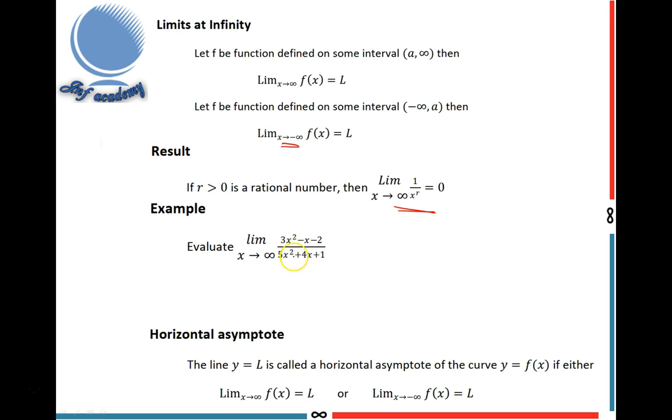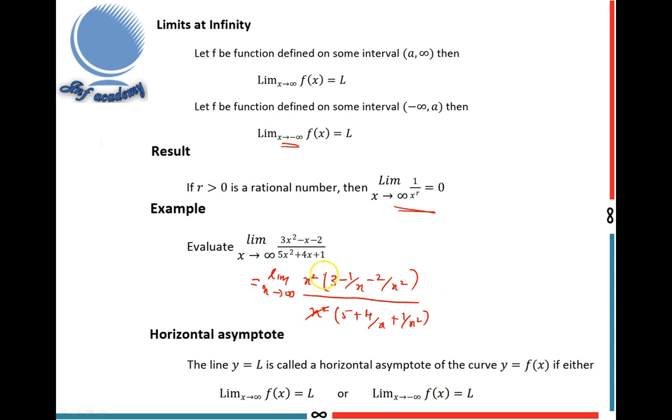So the limit becomes limit as x tends to infinity; here x square is the highest power, so I take x square outside: x square times (3 minus 1 by x minus 2 by x square) divided by, here also the highest power is x square, x square times (5 plus 4 by x plus 1 by x square).